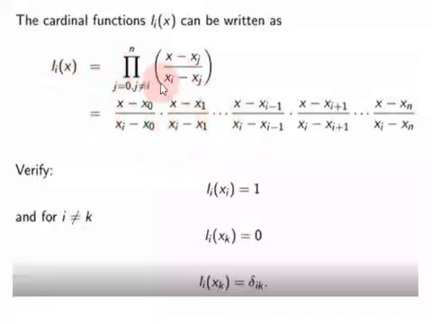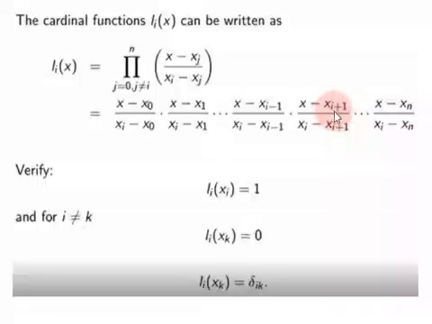We write these terms as a product up to j equals i minus 1. We don't write the term where j is equal to i.